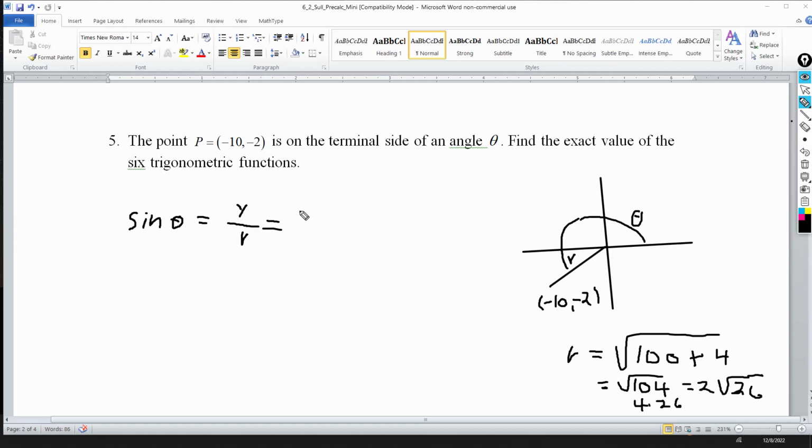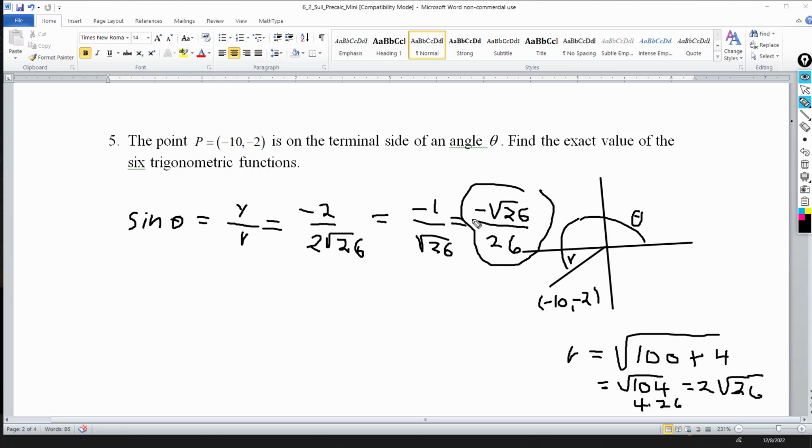The y value here is -2, and the r value is 2 times the square root of 26. Reducing, the 2's cancel out, giving -1 over the square root of 26. Multiply numerator and denominator by the square root of 26, and I get minus the square root of 26 over 26. So that's the sine of the angle.